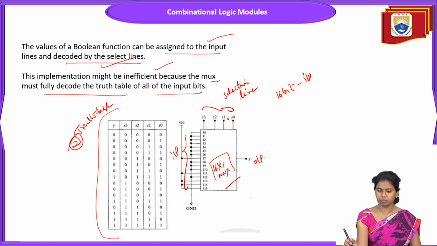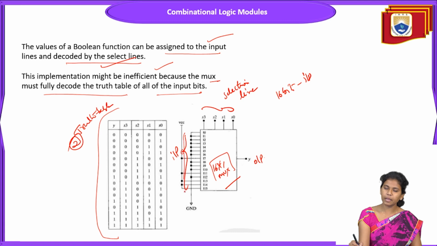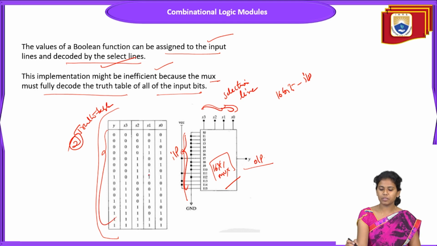Here we have 16 inputs, 4 selection lines and 1 output. Y is the output, S0, S1, S2, S3 are the selection lines. Based on the selection lines, the output is being determined.